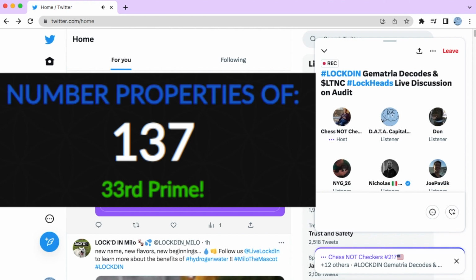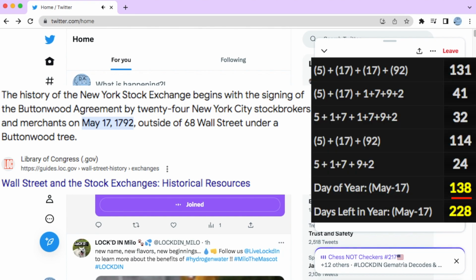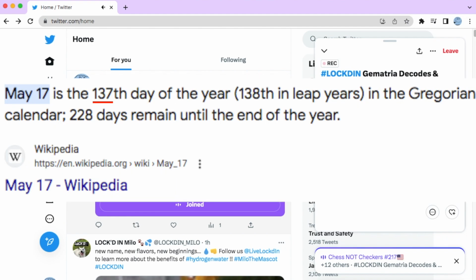So when we talk about money, the birth date of the New York Stock Exchange was May 17th, 1792. What's interesting about May 17th, 1792 is that it was the 138th day of the year, because of a leap year.